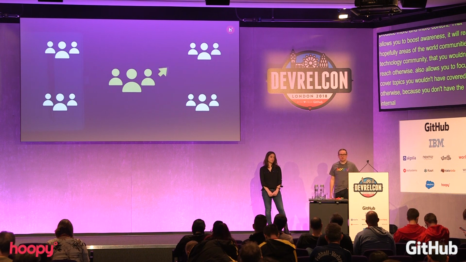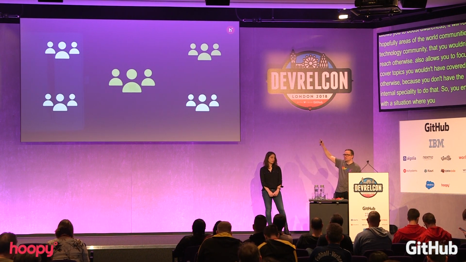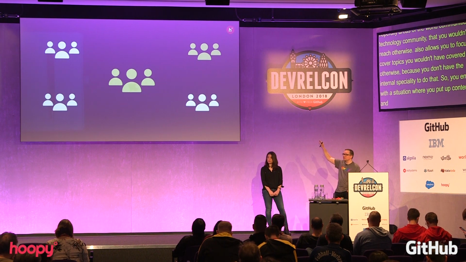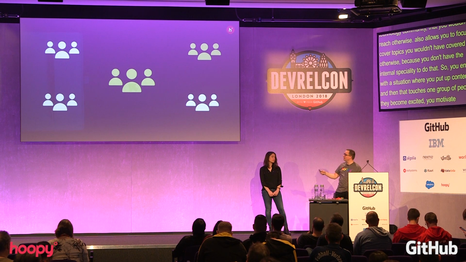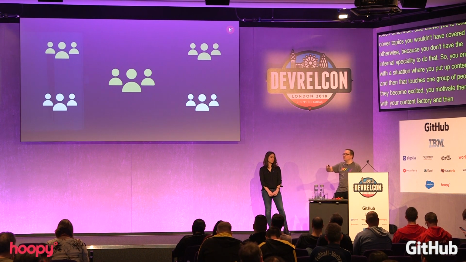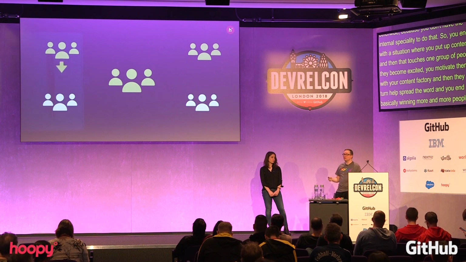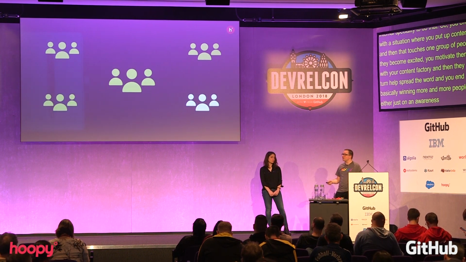And so you end up with this situation where you put out content, and that touches one group of people. They become excited. You motivate them with your Content Factory, and then they, in turn, help spread the word, and you end up winning more and more people, either on an awareness basis or an adoption basis for your program.